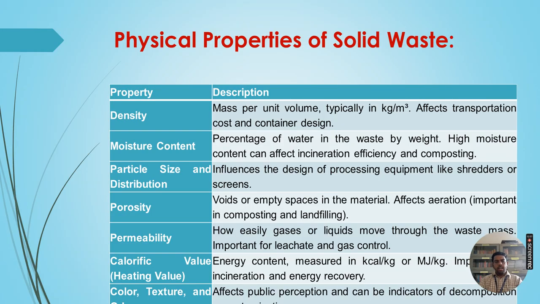And color, texture, and odor. Decomposed solid waste affects public perception, and these are indicators of decomposition or contamination. What is the color of fresh sewage? We already discussed that it is yellow or brown. When the waste is decomposed, the color of the solid waste is converted into black.